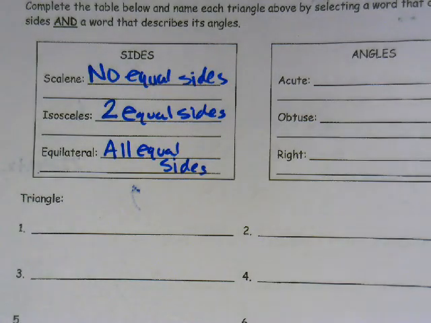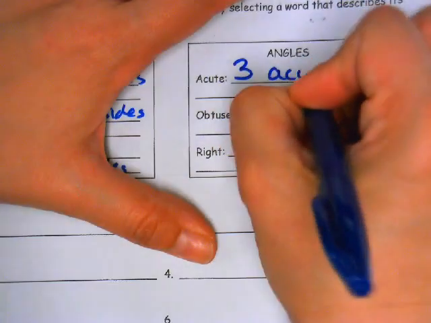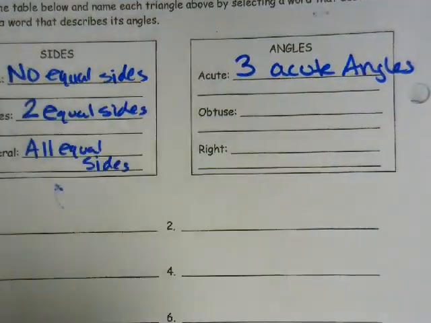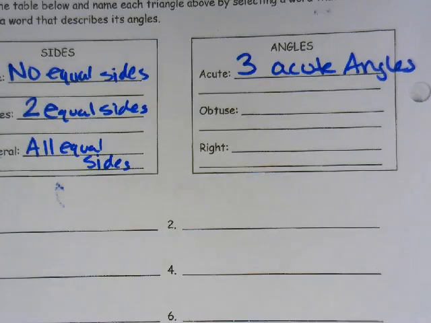Now we're going to look at the angles. How many acute angles do you need in a triangle to make it an acute triangle? 3. Good. All 3 angles have to be acute. All of them. What makes it an obtuse?